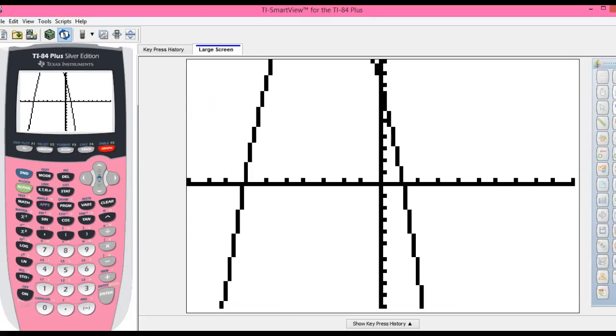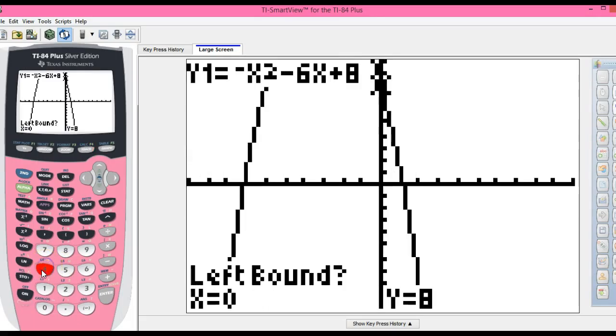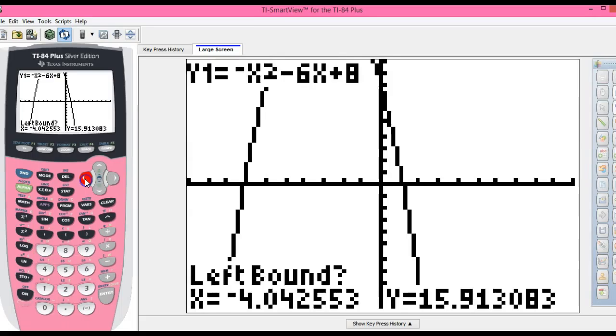All right. Now, I know we can't see it, but we can still do it. Okay? So if I hit my second calculate, what am I finding? The maximum, right? Okay? Left bound, I'm just going to put it where I can see it on the left side, so now I can start to see it, right?